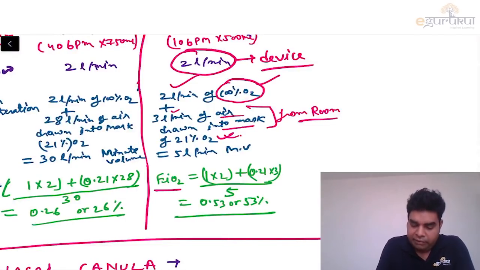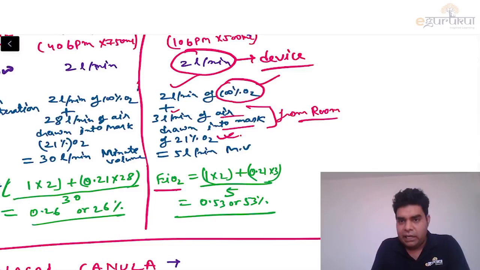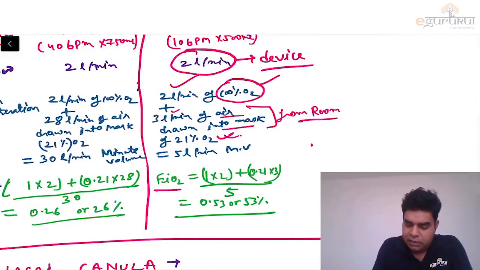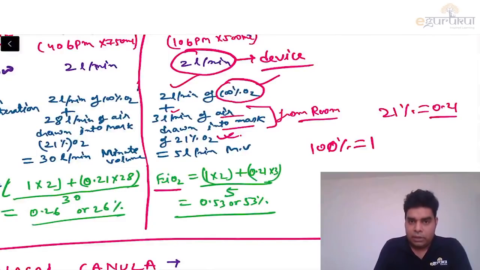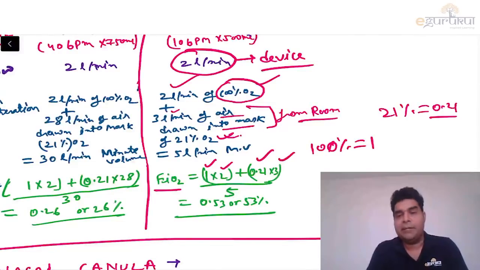When we have to calculate FiO2, 100% can be written as 1 and 21% can be written as 0.21. So this is 100% of 2 liters of air and this is 21% of 3 liters of air.